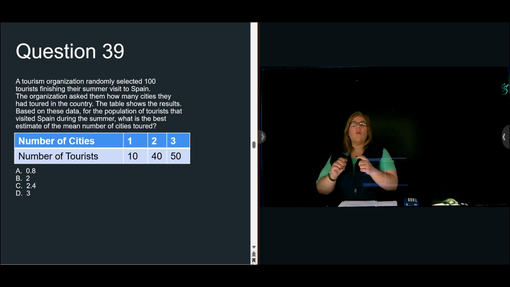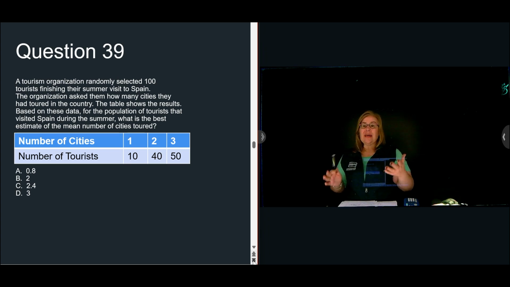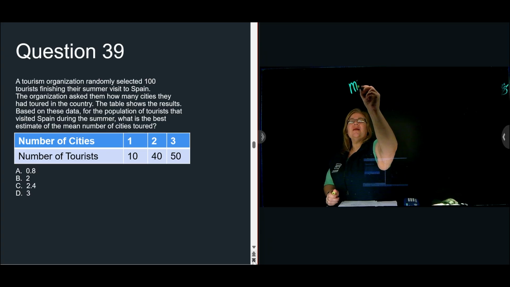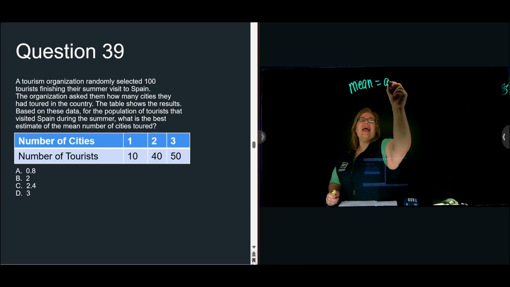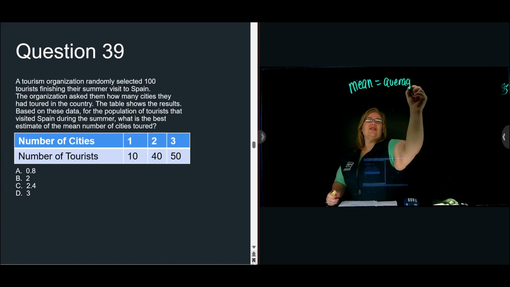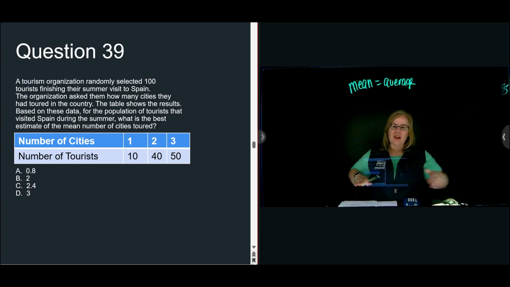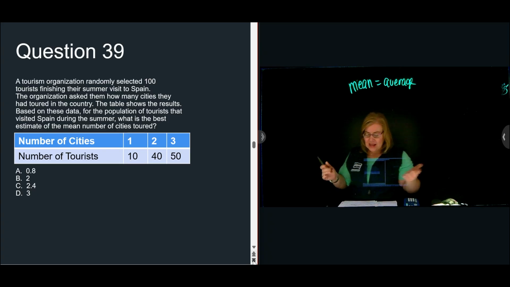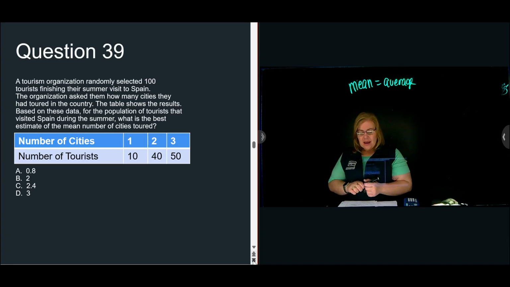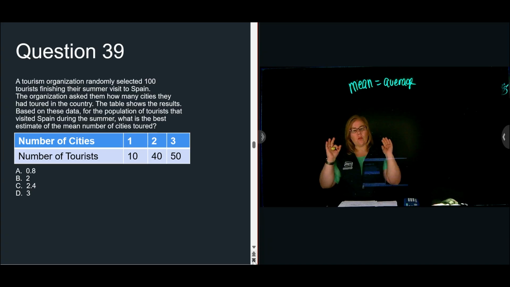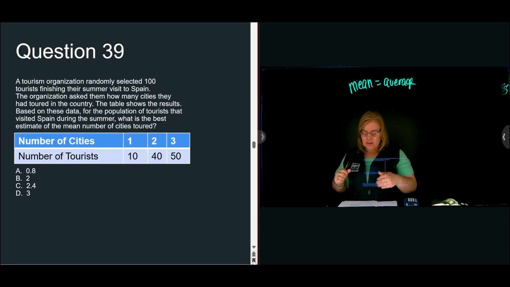Well, I need to remember what mean means. All right, so when we're talking about the mean of something, we're looking at the average. Remember, when we find an average, we add all of them up and divide by how many we added up, right? So that's our mean. Now, what we have here is a wonderful example of how our calculator skills will come into play.